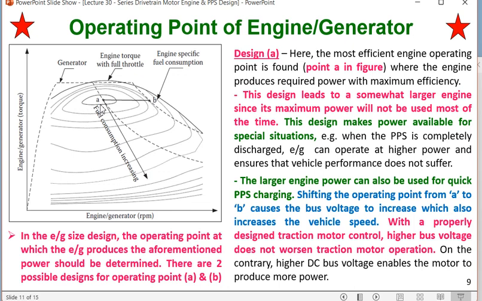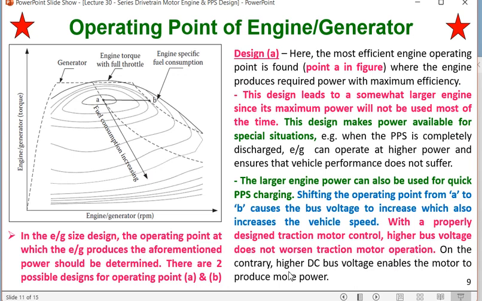That means you are trying to drive the vehicle at higher speed, more than the optimum speed. So what is optimum speed? This is the range where the efficiency will be highest, but you are trying to get very high speed from the vehicle. In this case you are actually losing efficiency. So shifting the operating point from A to B causes the bus voltage to increase, which also increases the vehicle speed. With a properly designed traction motor control, higher bus voltage does not worsen the traction motor operation.